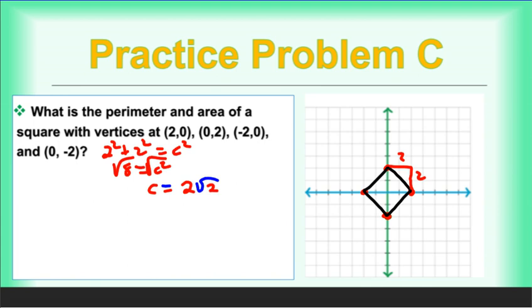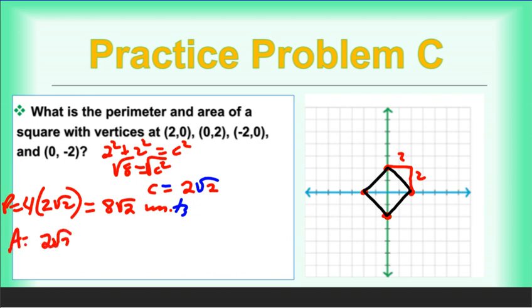Now to find the perimeter, I have 4 groups of 2 square root of 2, which would give us 8 square root of 2 units as our perimeter. In our area, we would take 2 square root of 2 times 2 square root of 2, which equals 4 times 2, which is 8. This would be square units.